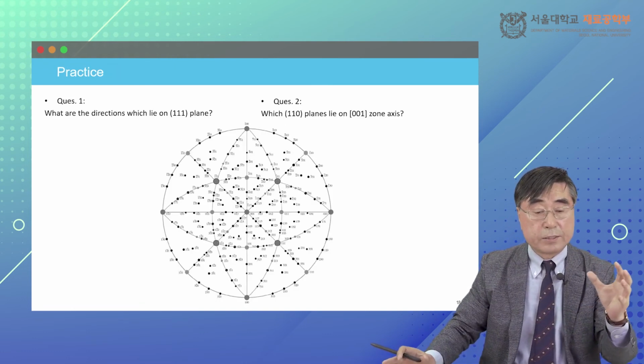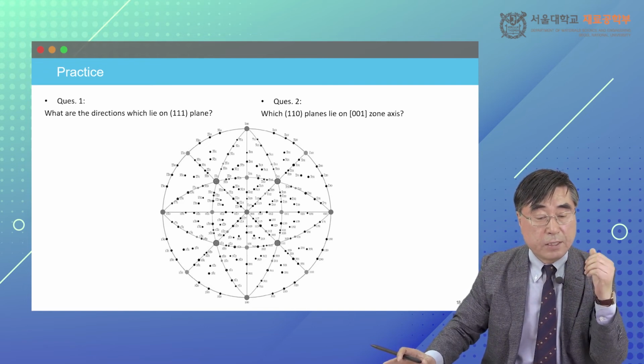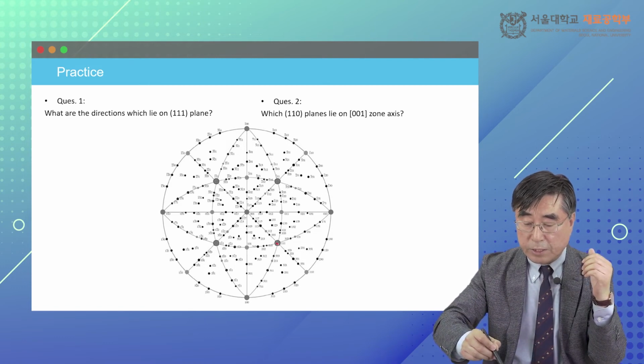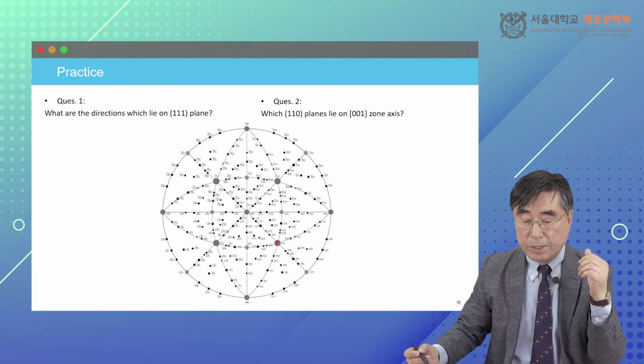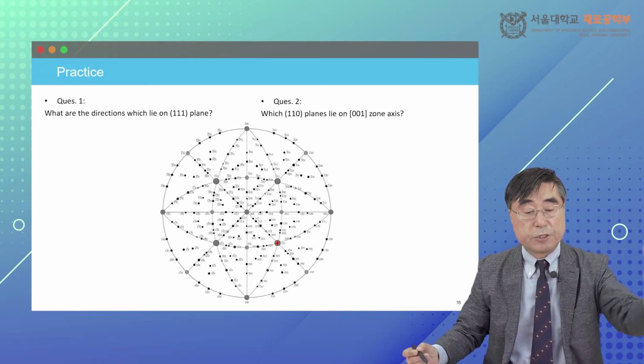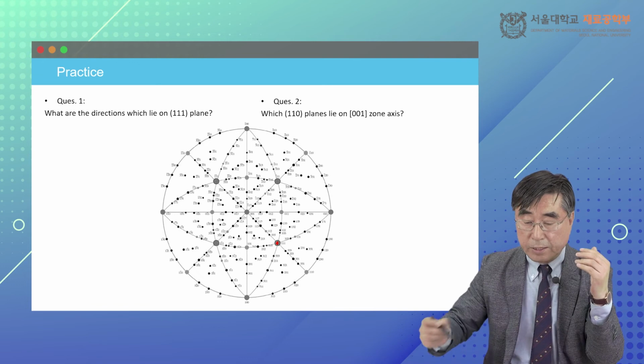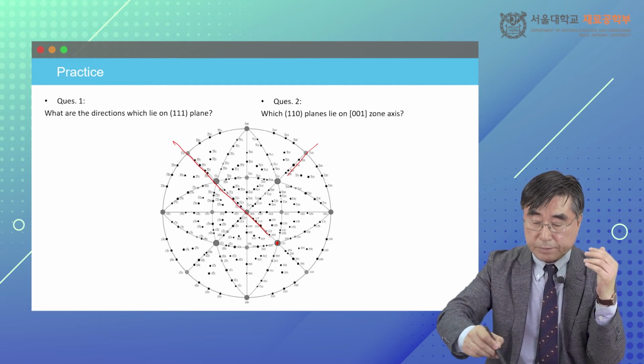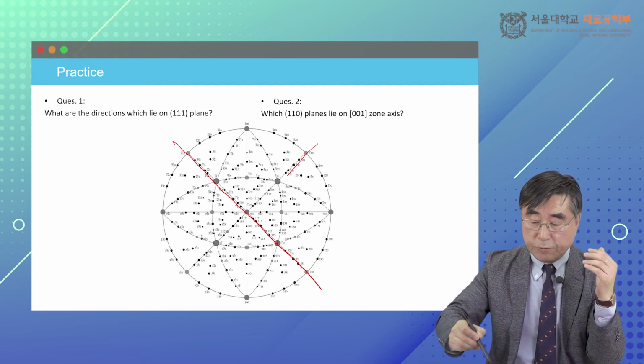And okay, so there are a few practice questions. What are the directions which lie on the 111 plane? There is a 111 pole in here, and I want to know the directions which lie on the 111 plane. Again, you put this 111 plane on the east and west.